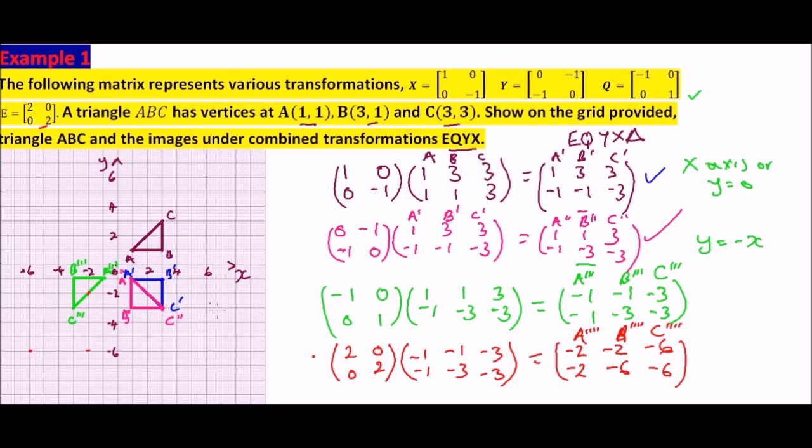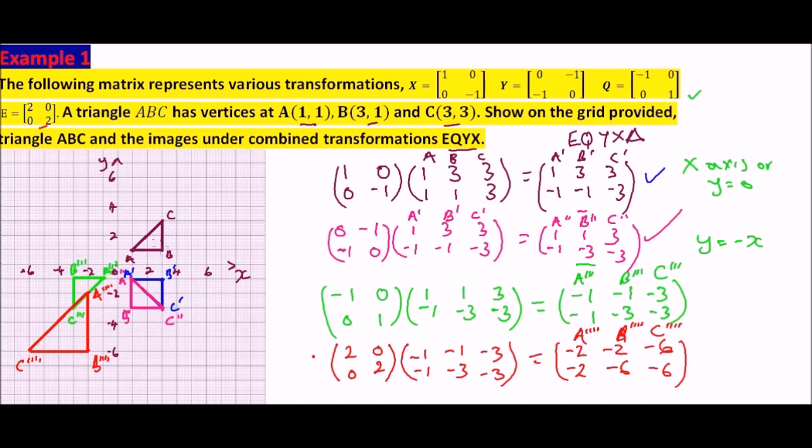So this is what we have as our image of A. This is where we have our B, and this is where we have our C. So we join the 3 points so that we have the triangle. So this is our final image which we have obtained, and that has demonstrated clearly what successive transformation is all about, as we have seen.